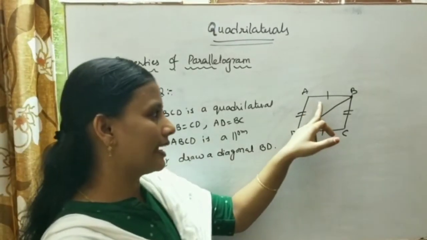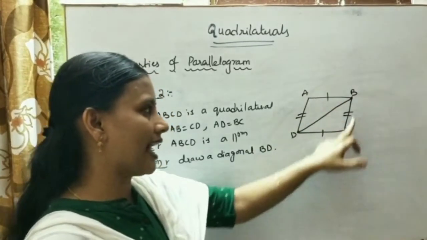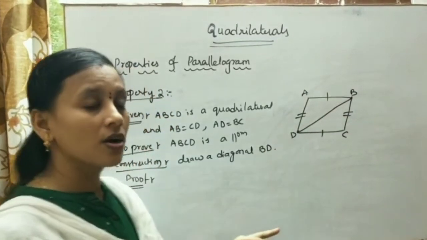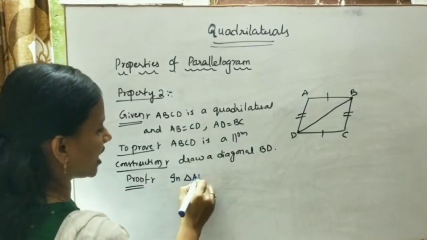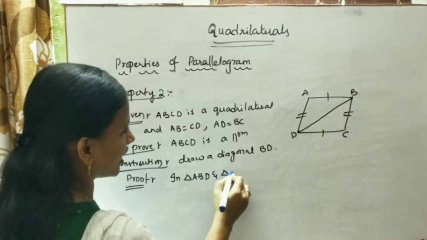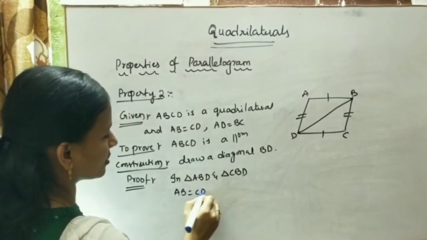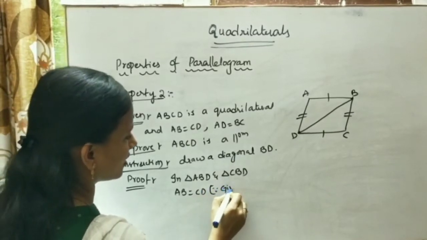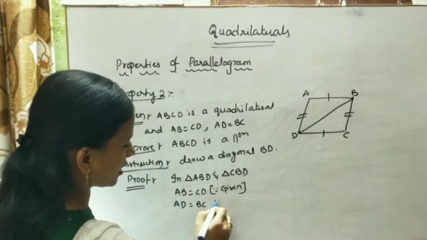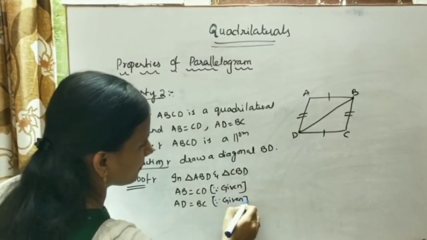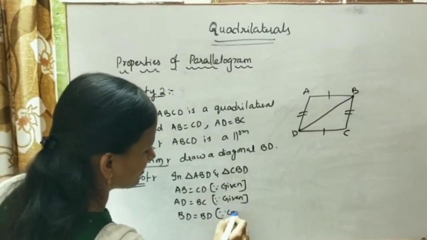Just now we proved triangle ABD and triangle CBD are congruent triangles. So again I will prove in triangle ABD and triangle CBD. In these two triangles, AB is equal to CD, that is given, and AD is equal to BC, that is also given, and BD is equal to BD, that is the common side.